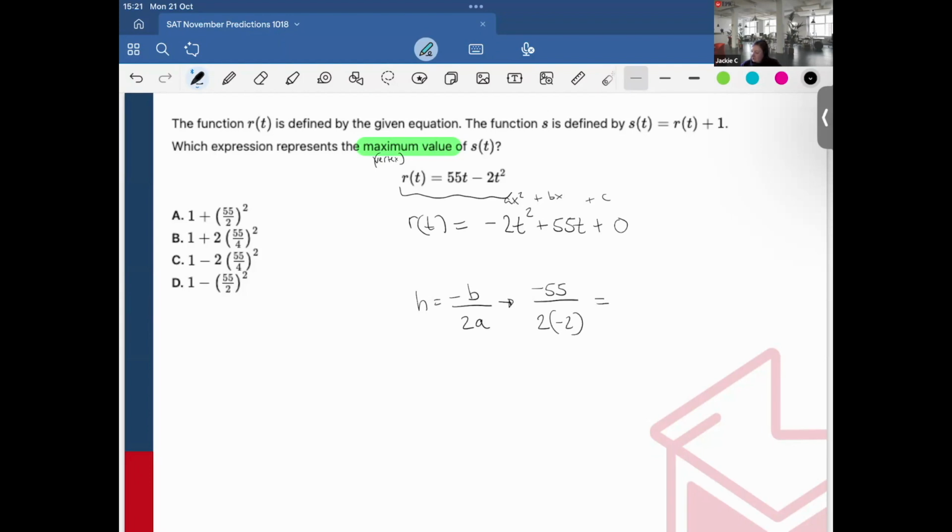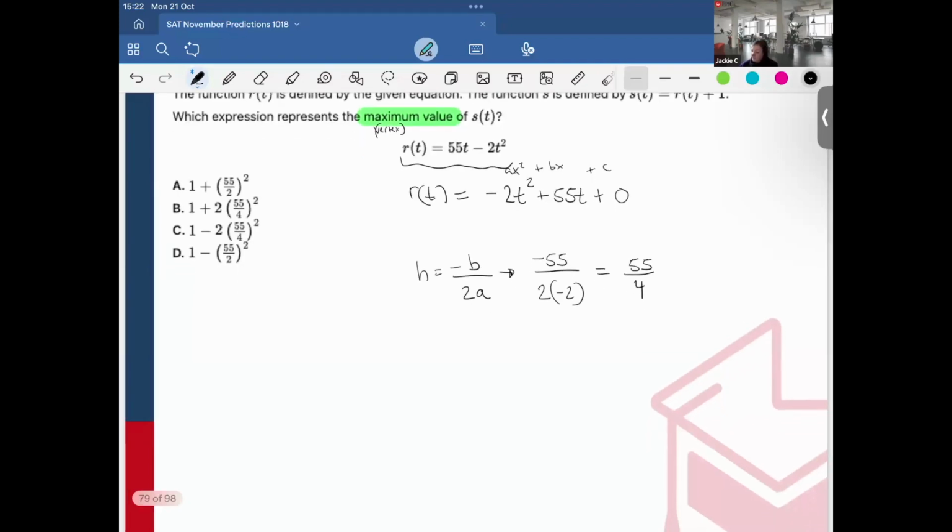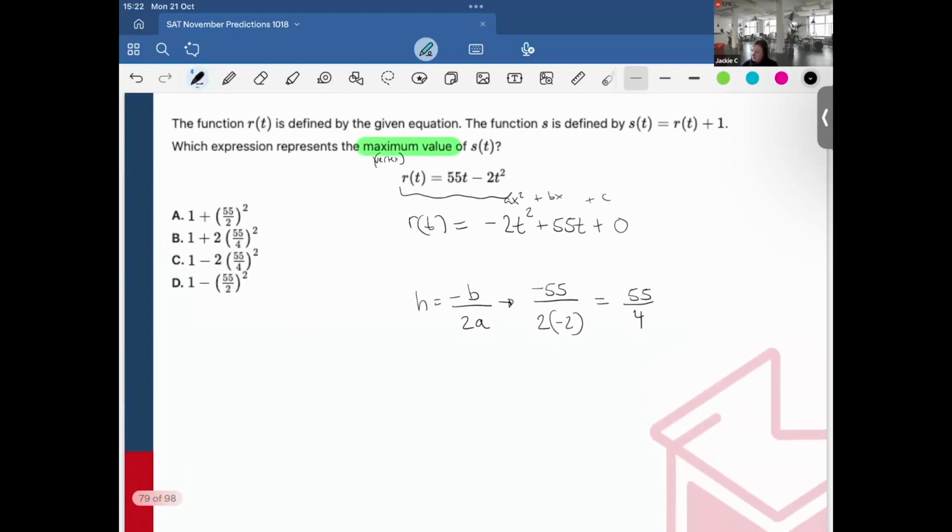So this would actually result in having a maximum x-coordinate at 55 over 4. So important, this is my x value, and I'm asked for the maximum value of s of t. So first I want to find out what the y value is when x is at 55 fourths. So what I'll do is I'll substitute in 55 fourths for t.